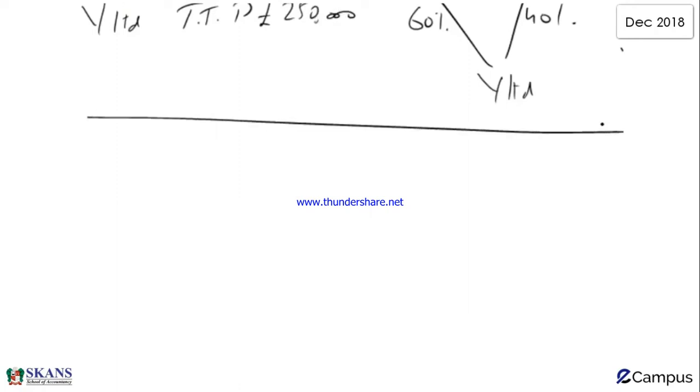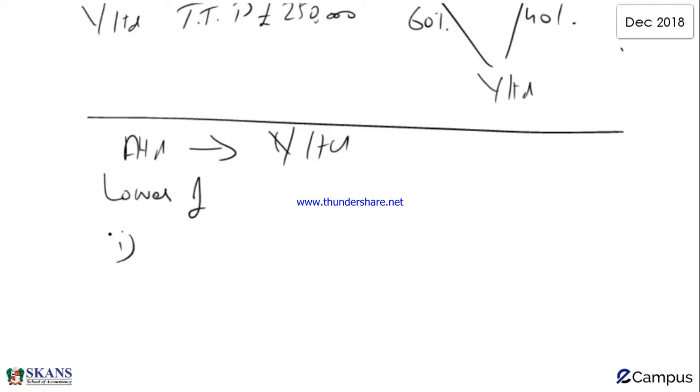Now, what is the maximum loss which could be surrendered by A Limited to Y Limited? Well, the maximum loss will be the lower of, number one, the trading loss of the surrendering company, A Limited, that is 200,000 as it is.